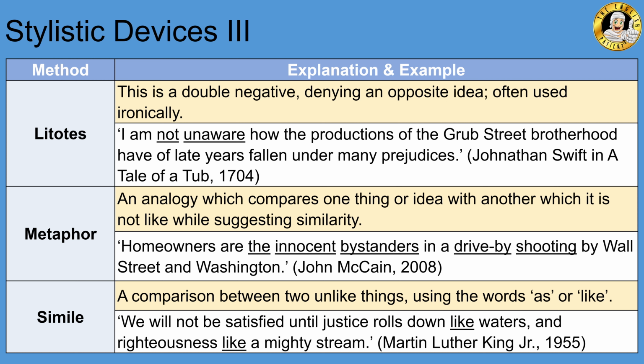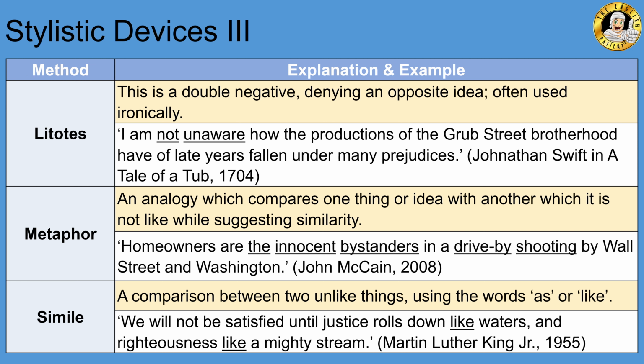And it goes to say, "I am not unaware." So notice that that is a double negative. He could just say, "I am aware," but actually he's saying, "I am not unaware," to be ironic. "I am not unaware how the productions of the Grub Street Brotherhood have of late years fallen under many prejudices."